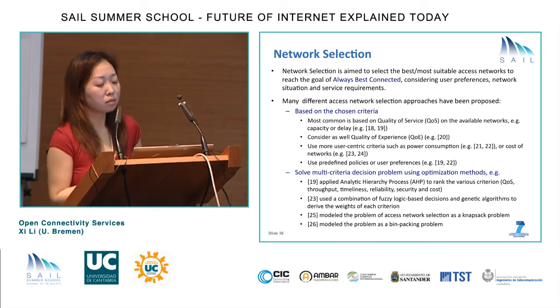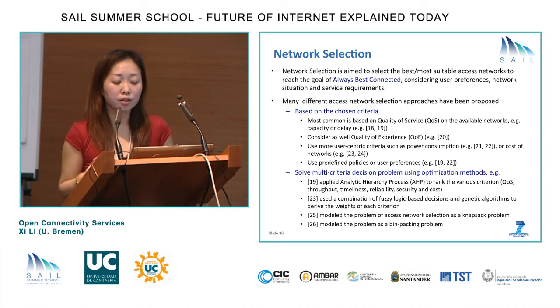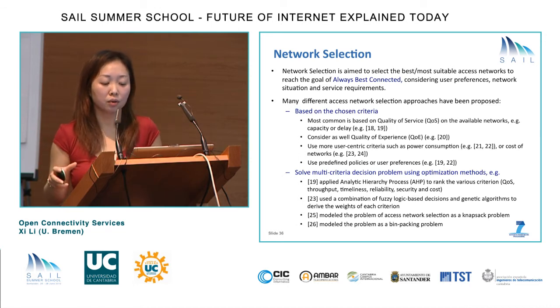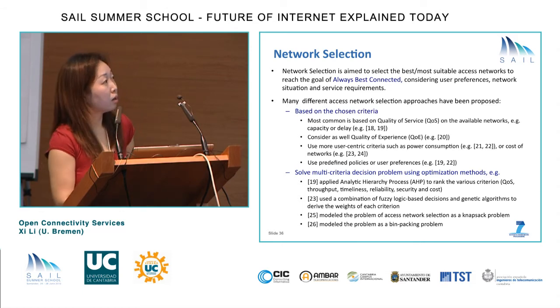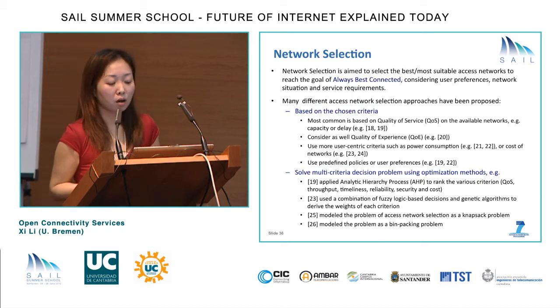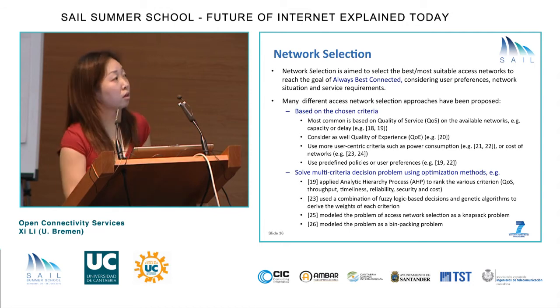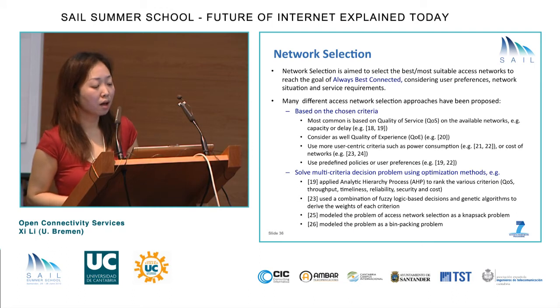There are also a few studies looking at user-centric criteria in terms of power consumption and the cost of using a certain access network, and a few looking at predefined policies by the network or the user, and user-defined preferences.